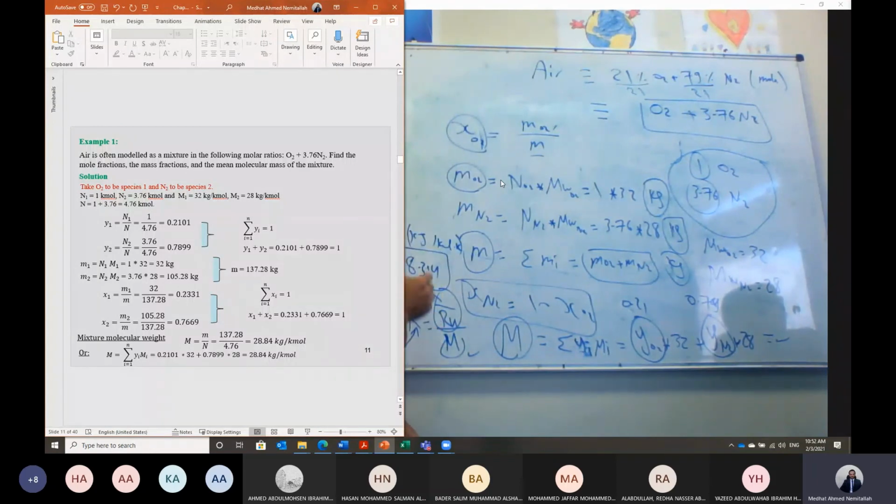This is the universal gas constant, because we divide by the molecular weight. But the gas constant for each component is in kilojoule per kilogram Kelvin. So R bar is kilojoule per kilomole, the gas constant is kilojoule per kilogram, and the gas constant is equal to the universal gas constant divided by the molecular weight.